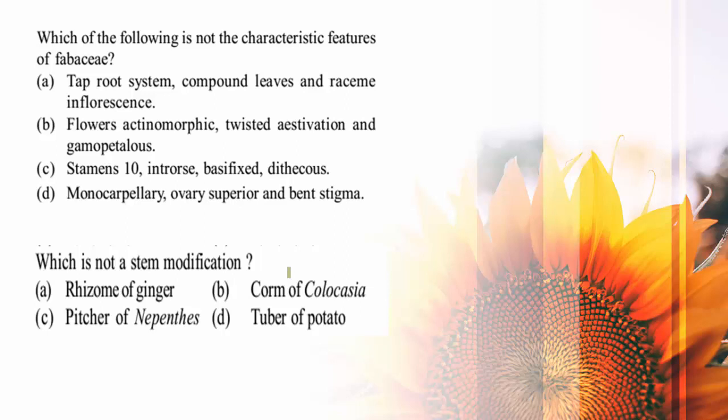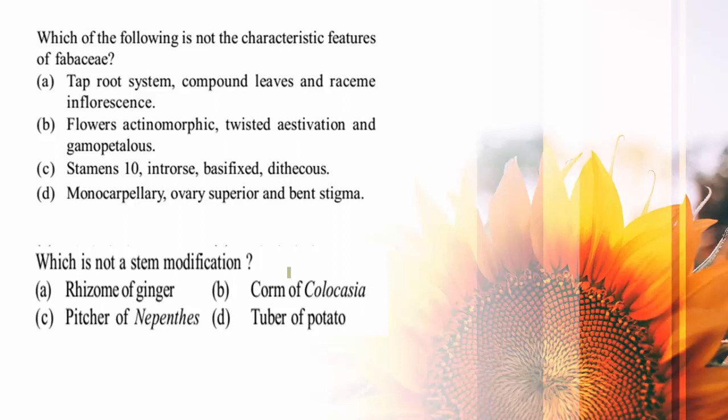Total number of stamens are 10, but arranged in 2 bundles, 9 plus 1 arrangement. Stigma is bent like hook, ovary superior and monocarpellary. Of course, Fabaceae is a dicot, so it is having taproot system. But in Fabaceae, flowers are zygomorphic.